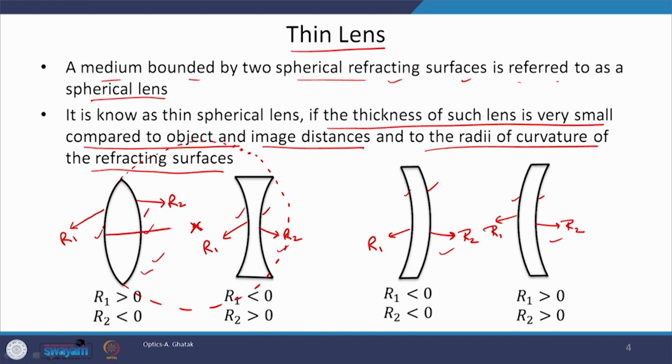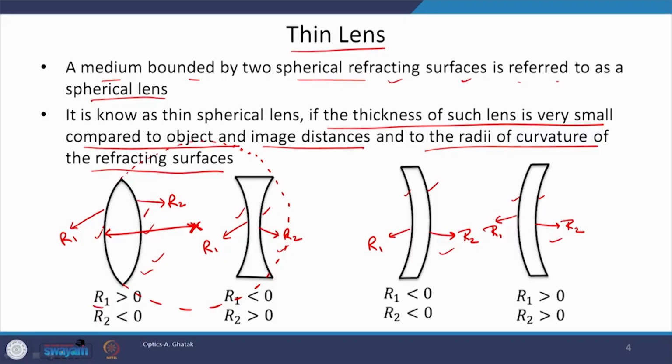Now, this radius would be in this direction, right? This radius would be on the right hand side of the center of the lens. Since R1 is on the right hand side, the associated sphere is on the right hand side of the lens system, we will call R1 positive. This is why it is written here, R1 is greater than 0.